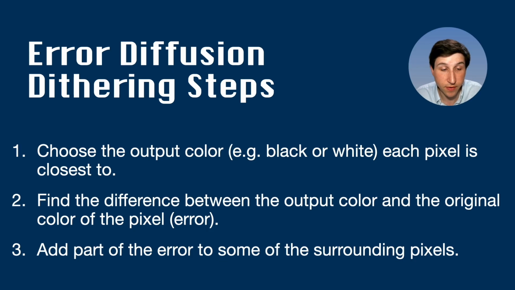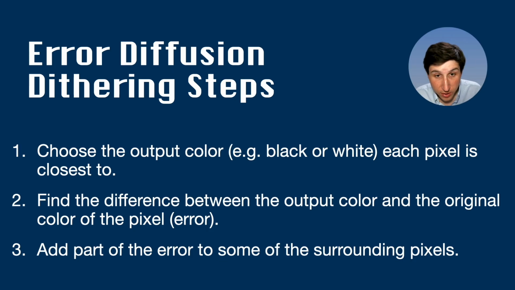So if we have, let's say, a pixel that is the number 75, well, 75 is closer to 0 than it is to 255. So we would say that it's closer to black, which is 0, than it is to white, which is 255. So we would choose black in that case for a 75 grayscale.